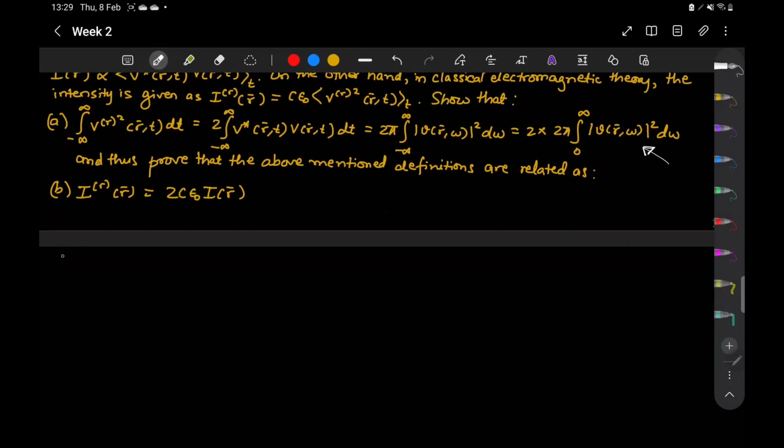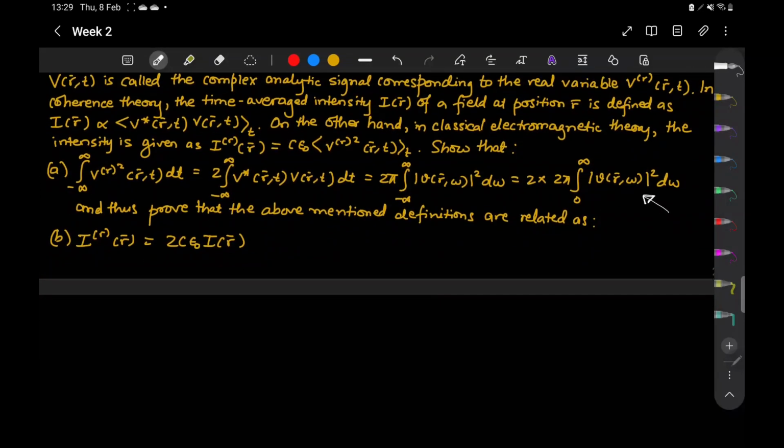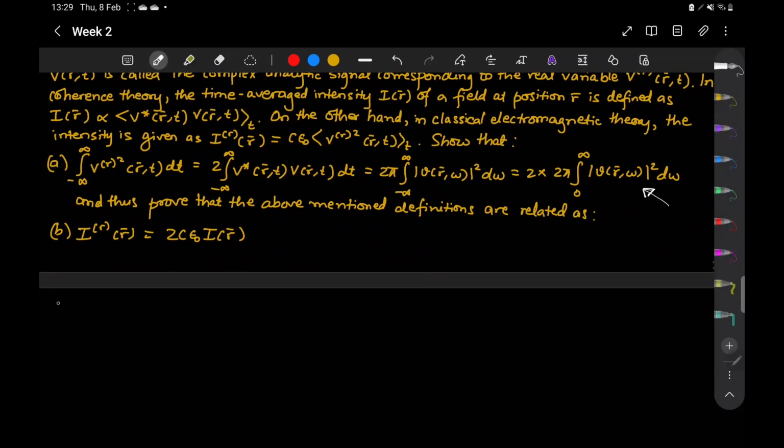Let me first write down this complex analytic signal. So the real field that we have is written in the Fourier component form. And we can split it up into two parts, minus infinity to 0 and then 0 to infinity.